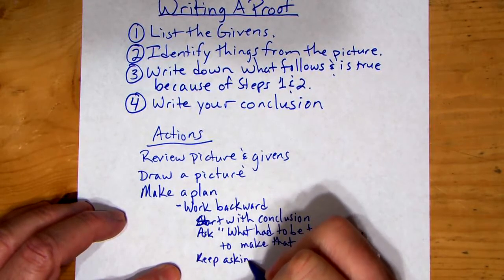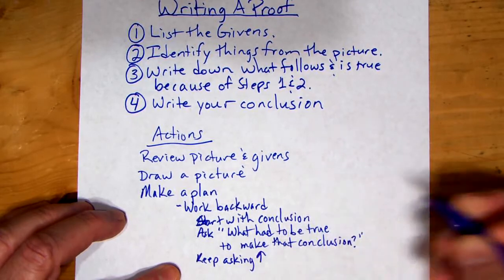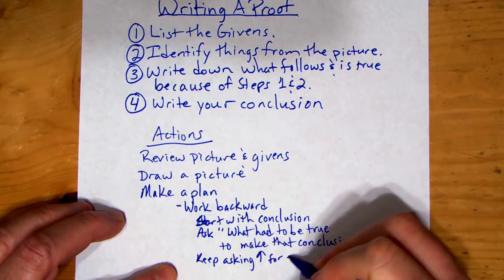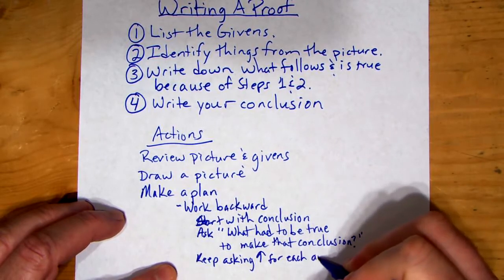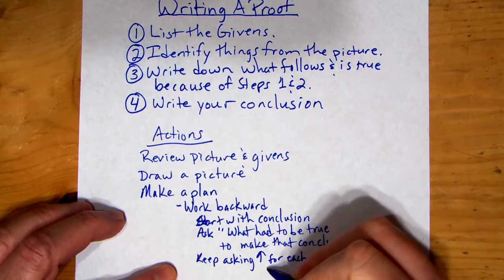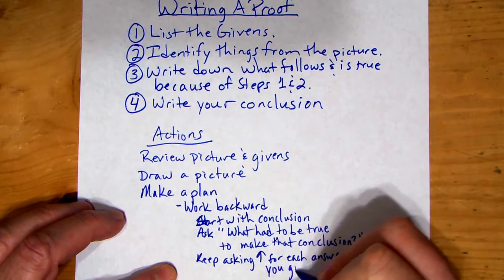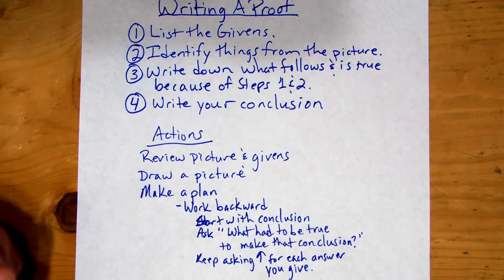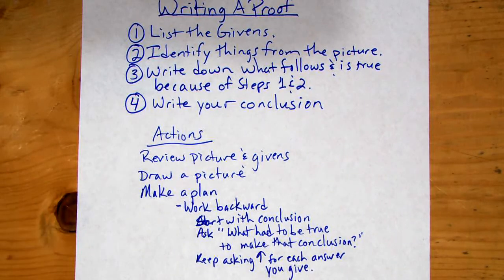Because you're going to keep asking that question for each answer that you give. Until you end up back at the givens. And so that's the steps I'm going to be taking for writing the proof today.